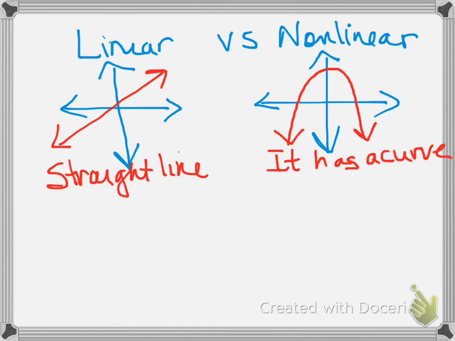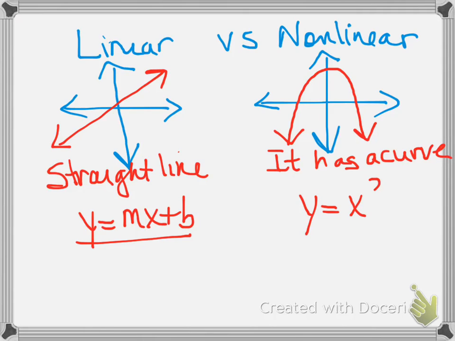We also talked about equations. So for linear, it would be something that could be written in the form y equals mx plus b. If it could be written in that form, it is definitely linear. But here were the things that I told you to look for that made it nonlinear. If the equation had an exponent, it definitely is nonlinear.